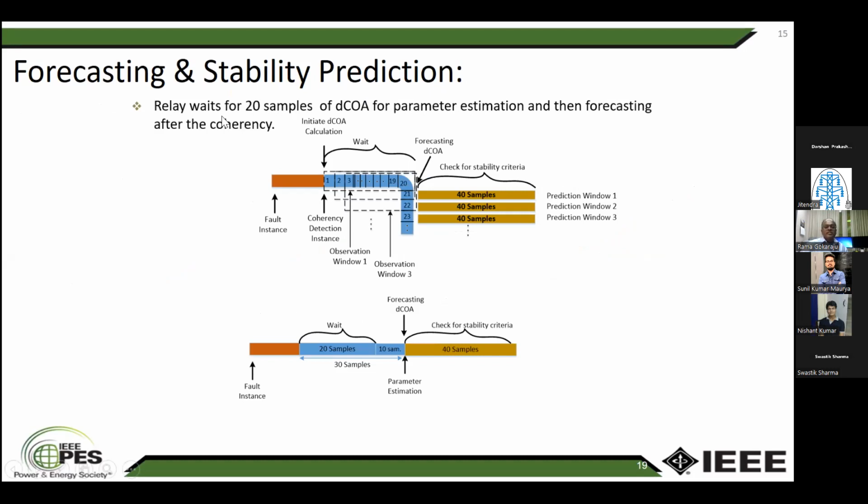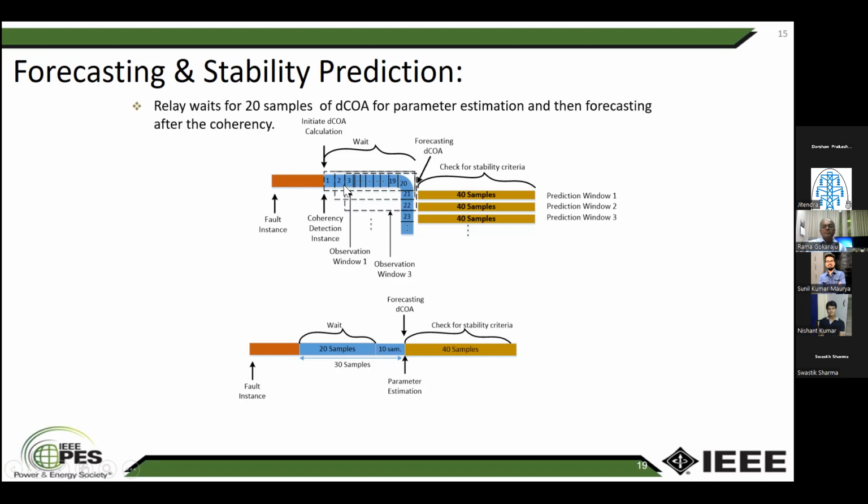So when we did this for a GE relay, the GE N60 relay, we were looking at some enhancements to that stability protection. So what we do is, starting at the default instance, we do the coherency detection, that is the red region here, and then we wait for about 20 samples.